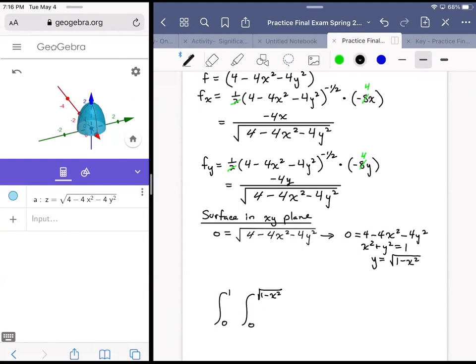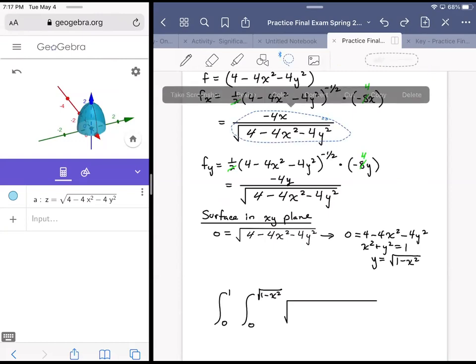Right? And then in my integral, as the integrand, I would just have to fit all this stuff in there. Right? So it involves reducing the size substantially, but I can get it in there.